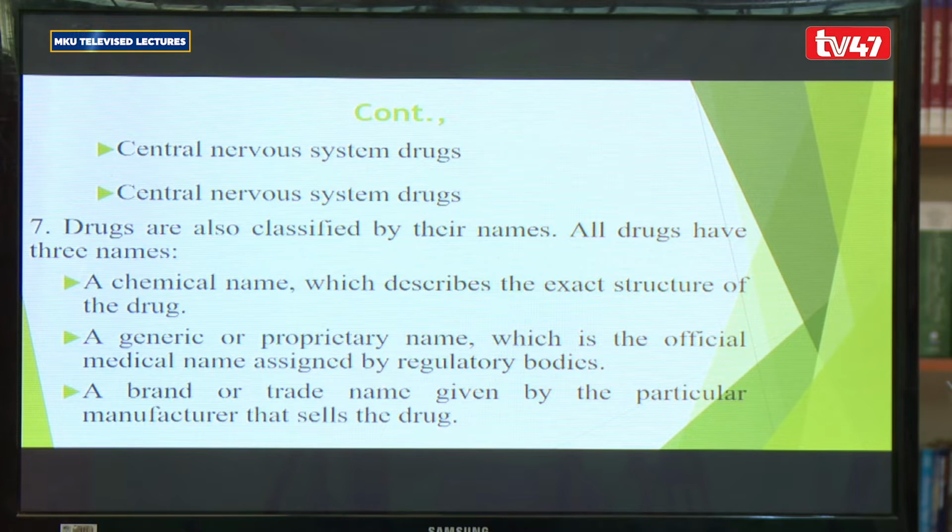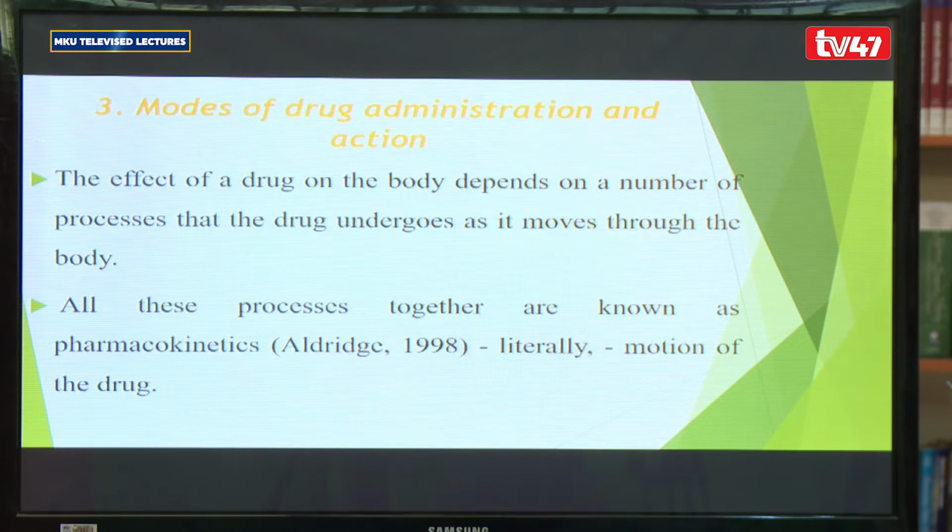We can also classify drugs by their names, because all drugs have 3 names: either the chemical name, the generic name, or the brand name. So it can be classified in terms of their names.